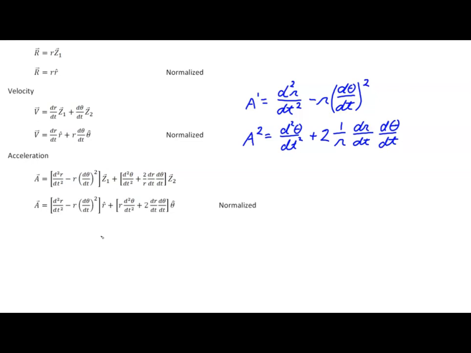in plane polar coordinates. Now, it might be very tempting at first to think that the acceleration is simply the second order derivative of this expression, meaning that we'd have just these two terms in our expression. But you can see that our derivation here proves that that is not the case.